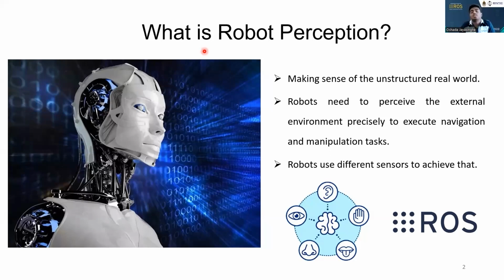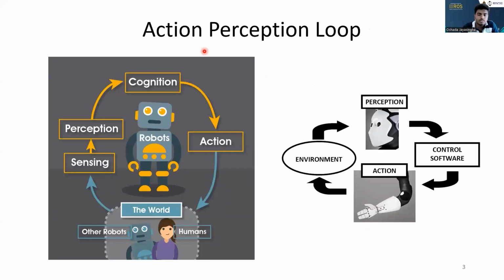How the robot does that is it uses different sensors to achieve this task. And there is something called the action perception loop common to a lot of robotic applications. In that, what happens first is the sensing or perception, in which the robot uses different sensors to obtain some input which describes the environment.